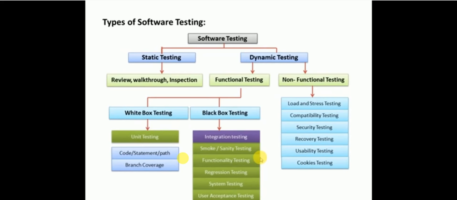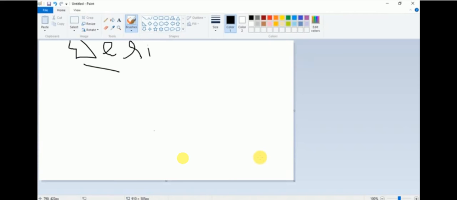There is a difference between smoke and sanity that I'll try to explain here using Paint. So what is smoke testing? Smoke testing is when a new product comes to a tester, and the builds of this product are not established yet, not stable yet.